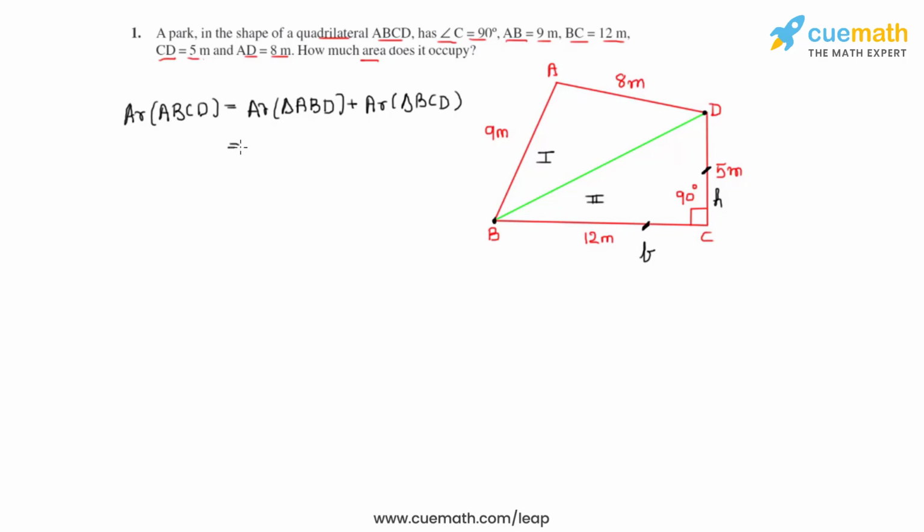So that will be equal to, by substituting the values, 35.496 plus 30, which is equal to 65.496, which is approximately equal to 65.5 meter square. And that is the area of the park.